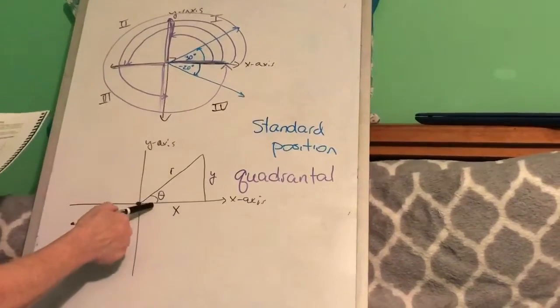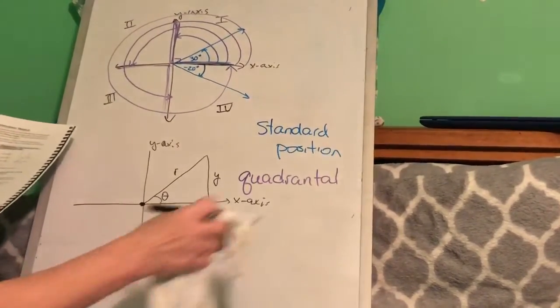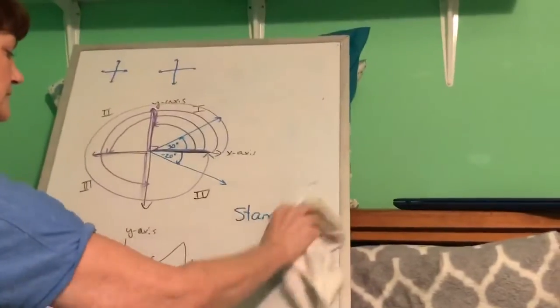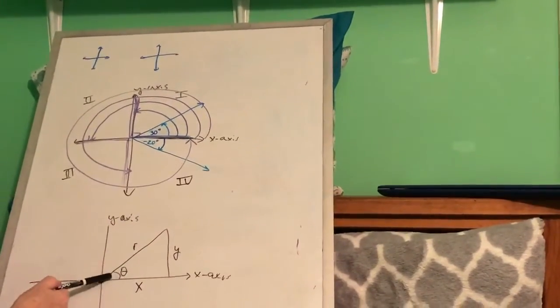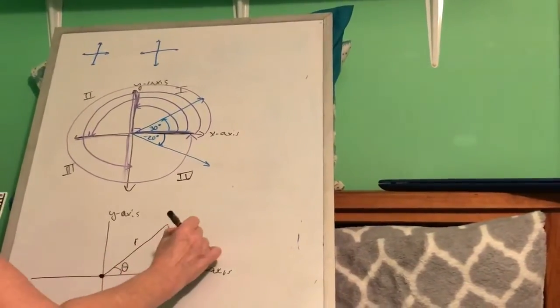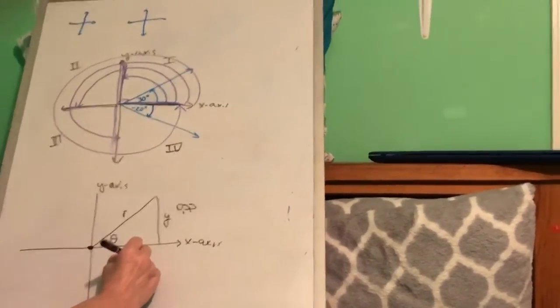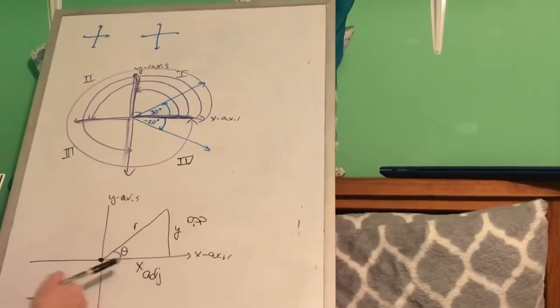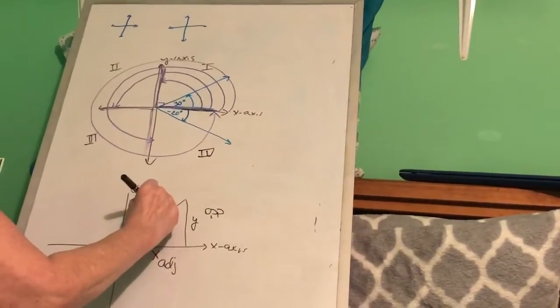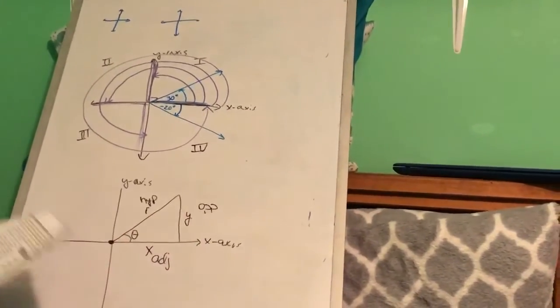Okay? Now, if this is theta, what we learned before is that the side across the triangle is the opposite. The side next to it is the adjacent. And of course, this is the hypotenuse. All right, so we're just redefining.